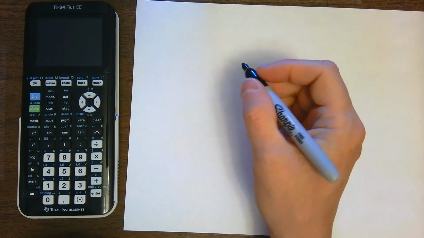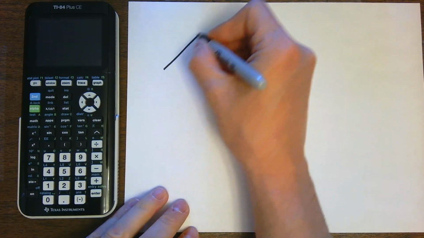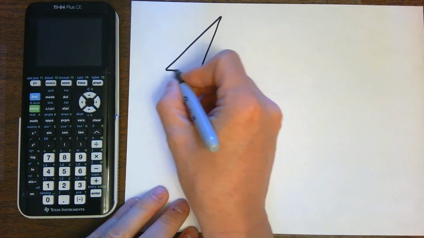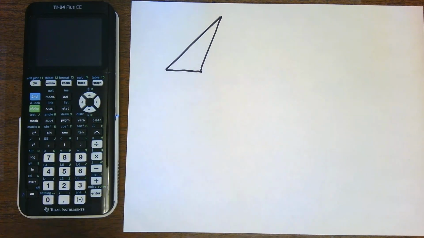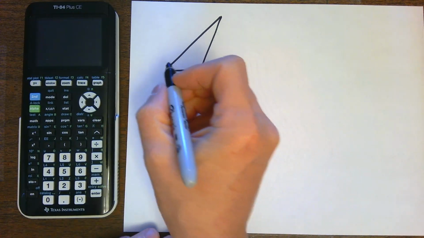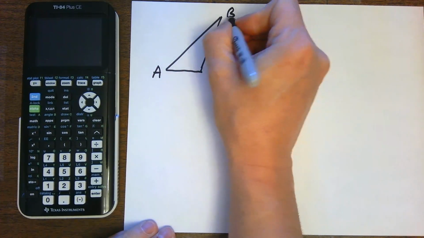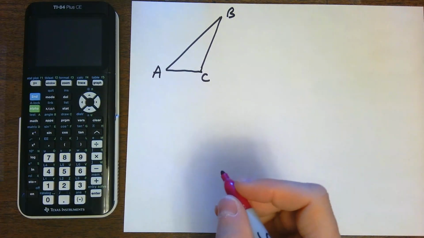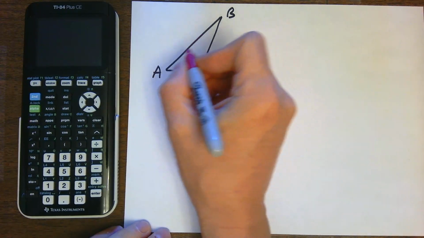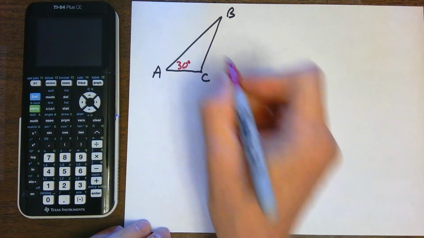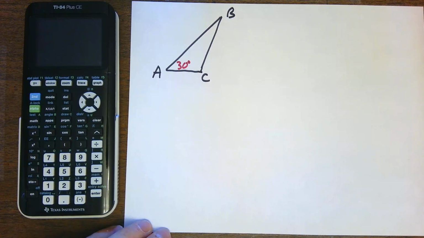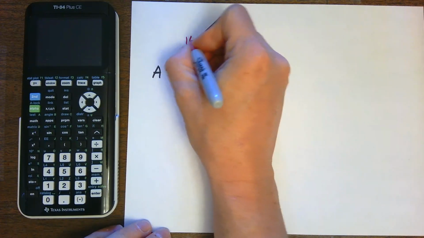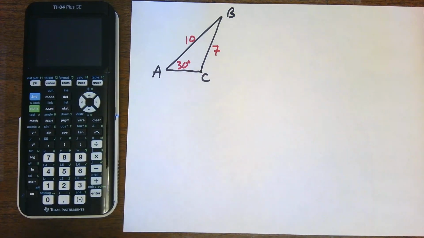All right, so consider a triangle where we've got A, B, and C, and I'm going to tell you that this angle is 30 degrees, and this side length is 10, and this side length is 7.